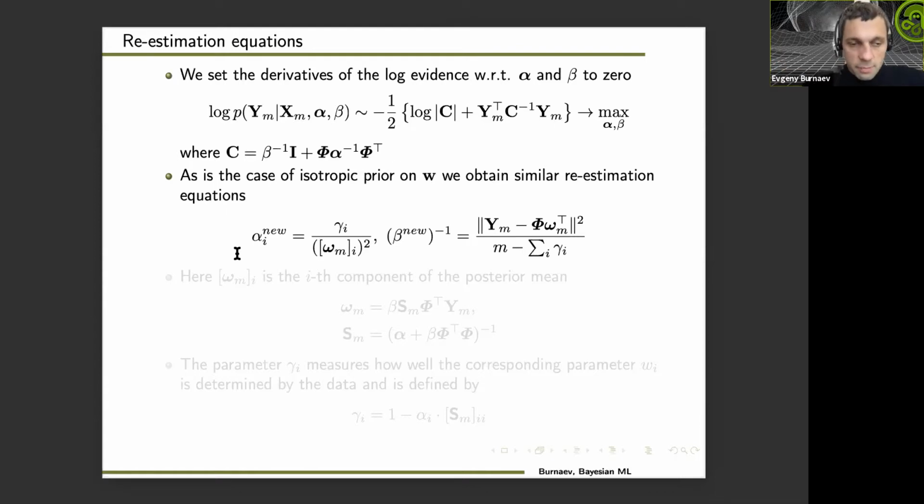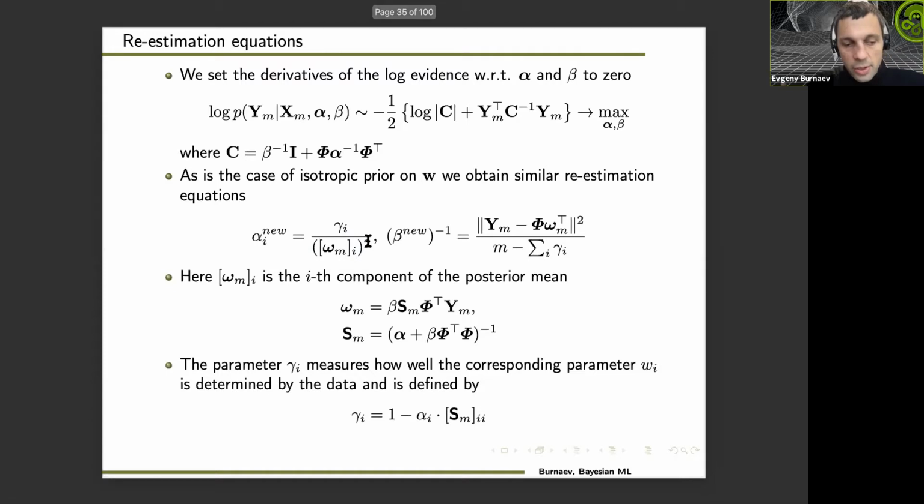That is, for example, we fix all parameters except the parameter alpha sub i. We calculate the gradient of this expression with respect to alpha sub i. And then we estimate how this parameter alpha can be defined through all other parameters. And the expression is given here. So the expression is quite simple.